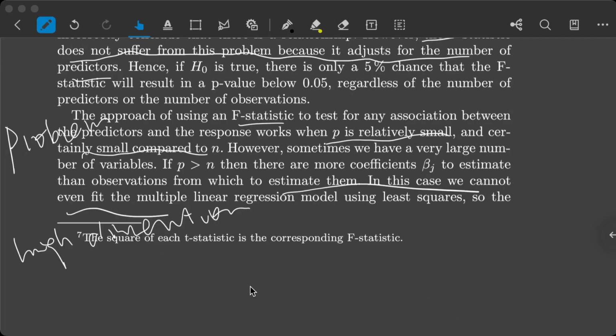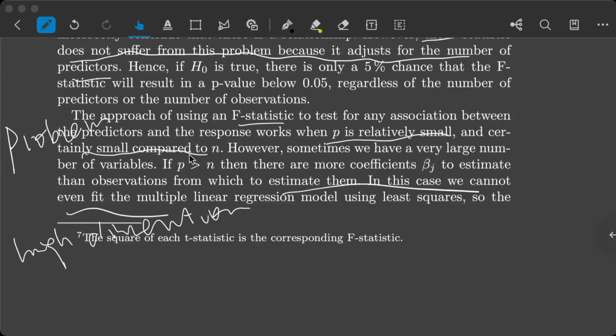Okay, great. So this is the first small question, and the second one is about the problem of F statistics. F statistics rely on an important fact to work: it requires that we can fit a model, because we use the residual of our prediction to estimate the F statistics.